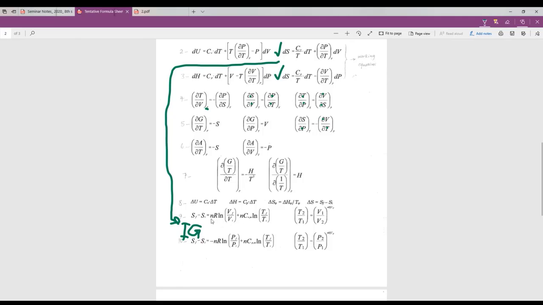This equation here is derived from this first equation. This second equation here is derived from this second equation, for the case when the state of matter of the system is ideal gas.